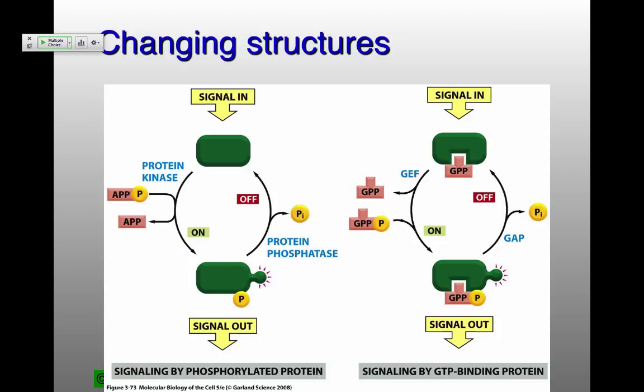So kinases put phosphates on, phosphatases take phosphates off. Why is phosphate such a wonderful thing to use for this? Phosphate's reactive. What else about phosphate? PO4. What are those O's? Have negative charge to them. And so we've talked last couple of lectures about interactions between side chains, interactions between different molecules.